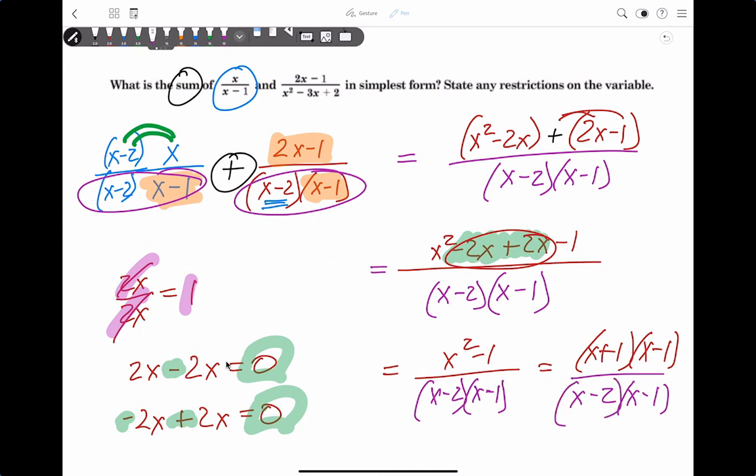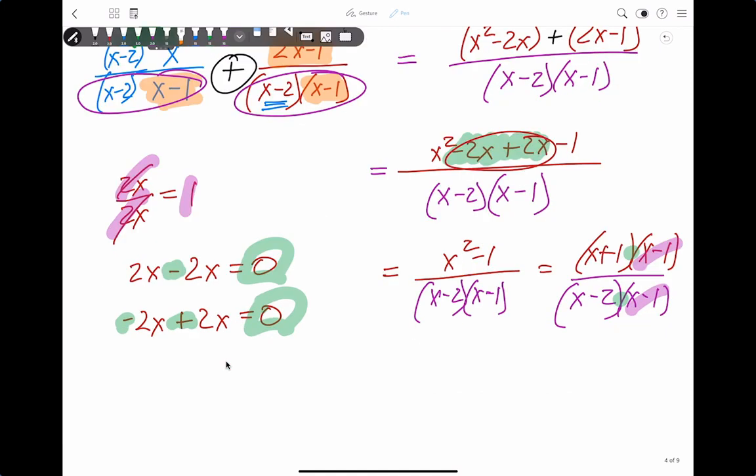Now I have this entire binomial canceled with this one because multiplication exists right there. Again, you're only canceling those chunks of multiplication. And what's left is just this piece that nothing else can reduce. Nothing else can cancel. So now I will fully simplify both top and bottom to become x plus 1 over x minus 2.